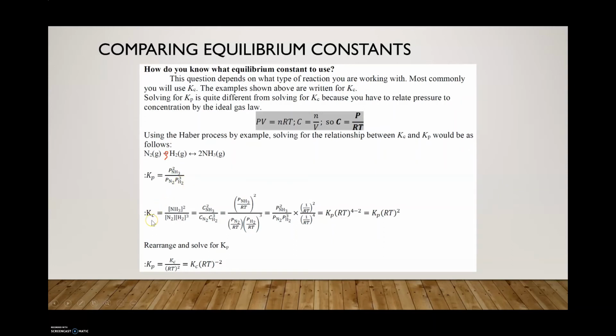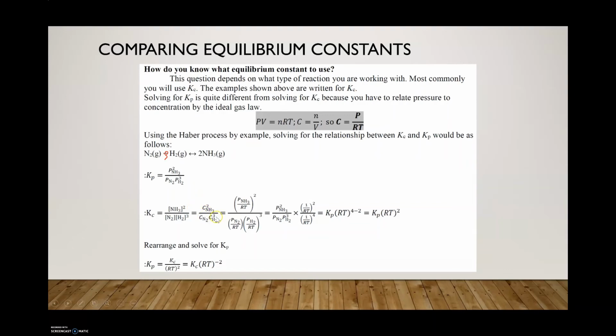Then we write the same relationship for K sub C using the concentration brackets. The difference is that instead of using the brackets, we're going to substitute the C in, because the big C represents concentration. So big C in the brackets is basically the same thing.